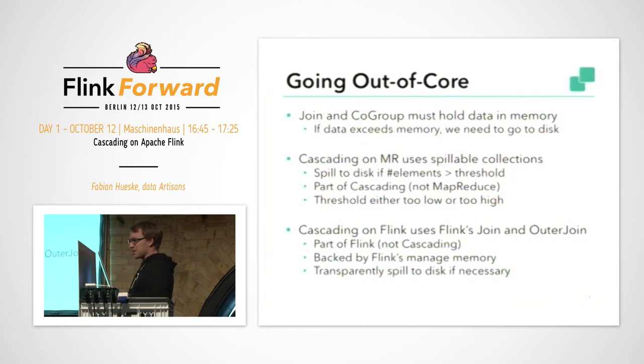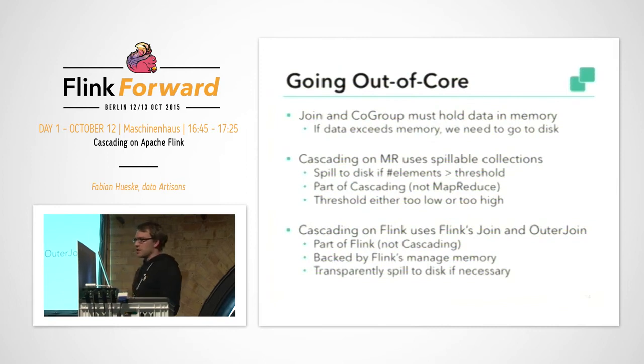In Cascading on Flink, joins and co-groups are implemented using Flink's own native join implementation and outer join implementation. And these operate on Flink's managed memory. So these algorithms basically receive a certain budget of memory, which they can use to put data into memory. And once this budget is exceeded, they start spilling data to disk.